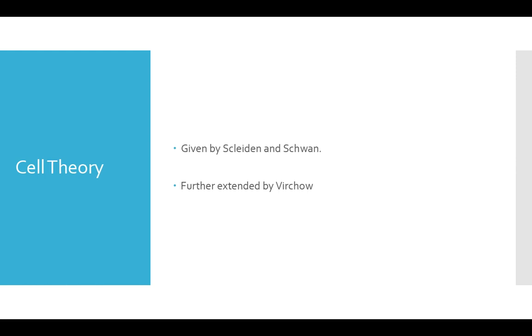Now let's learn about the cell theory. Cell theories are all the theories which are related to the cells, and all these theories are true about the cell. The first theory was given by Schleiden and Schwann. These were two scientists who gave the cell theory. Then a scientist named Virchow further extended the cell theory after Schleiden and Schwann.